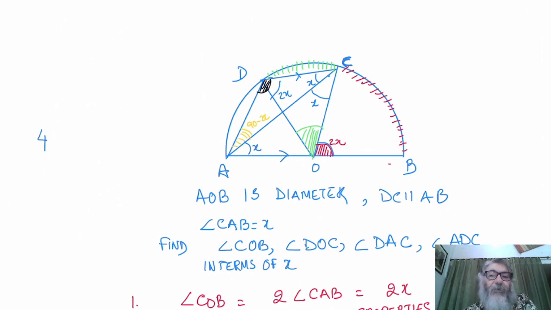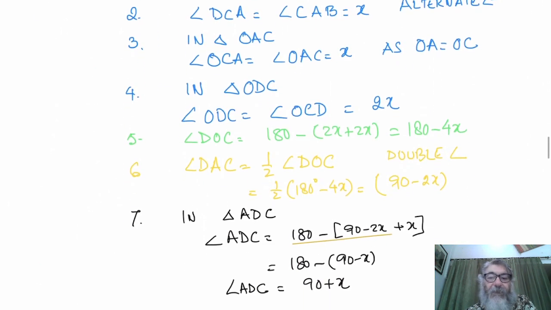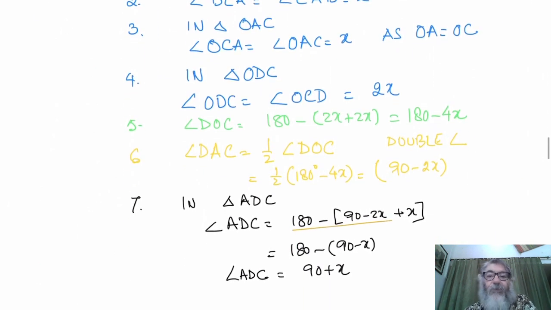It's easier for you to distinguish, like when I'm talking of arc DC, you can see I hashed it green. You can see the arc CB, which is hashed red. I have marked different angles in different colors so that you can calculate. So I have explained to you completely through the figure and description.